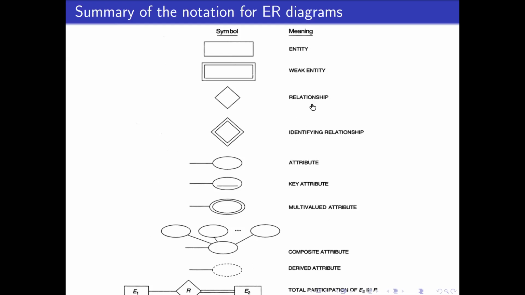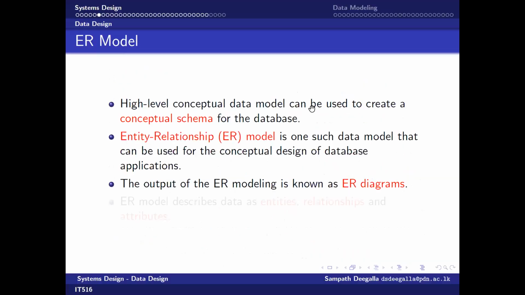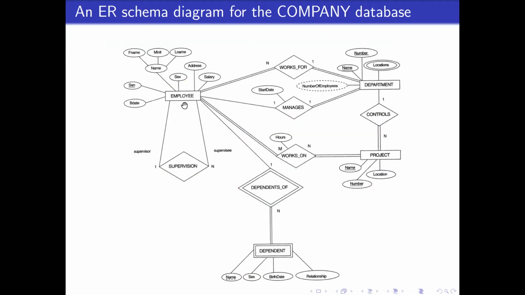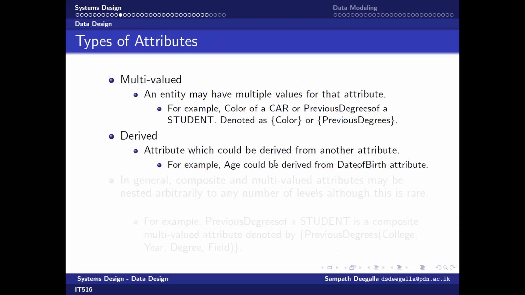So this we have already seen in our ER model design. Here we have rectangle shapes for the regular entities, and for the weak we have double lines, and then we have regular relationships, and the weak ones are drawn like this.